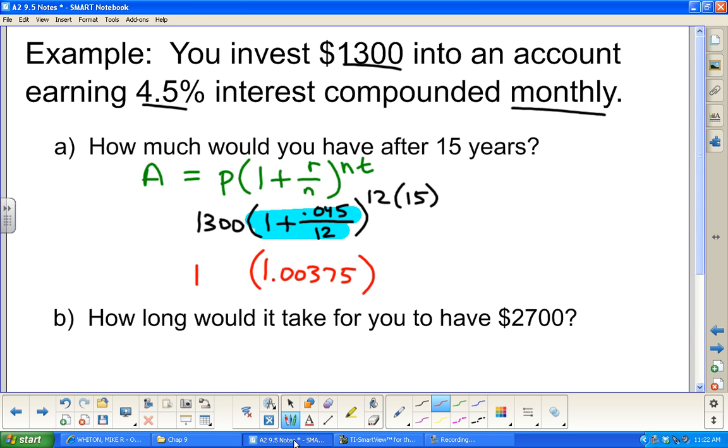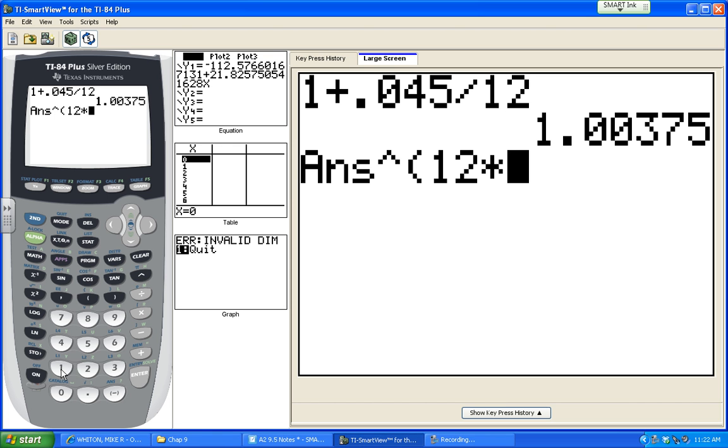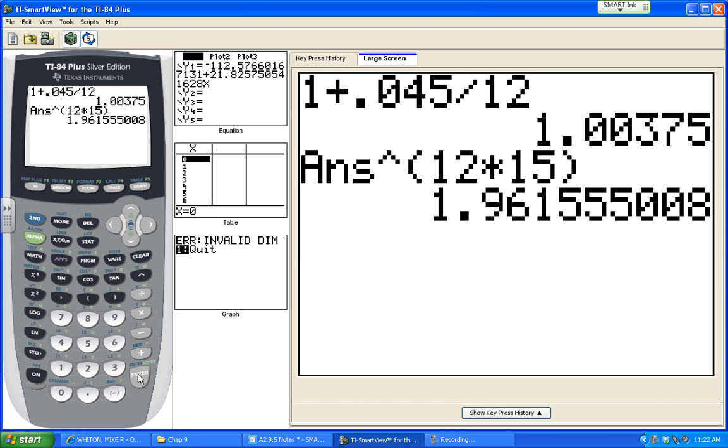I can't just multiply by the 1300 yet because the number we just found is getting raised to a power. So why don't we take that to the 12 times 15. I'm just going to use my caret key, answer. The exponent needs to go in parentheses. It's 12 times 15. So this is that 1.00375 to the whatever 12 times 15 is. So that's 1.961555.